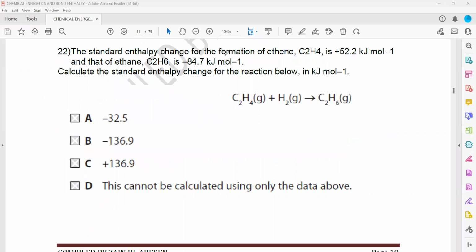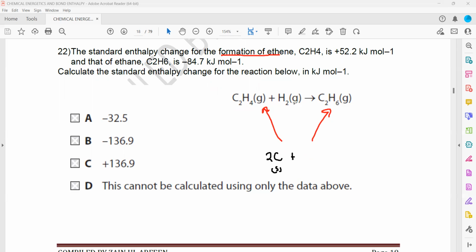The standard enthalpy changes of formation are given. So remember, whenever a formation is given, we add a link to the element. Always remember, an element will form the reactant, or an element directly forms a product, or an element forms a reactant and the reactant forms a product. So what are the elements here? We have carbon, two carbon atoms in a solid state.